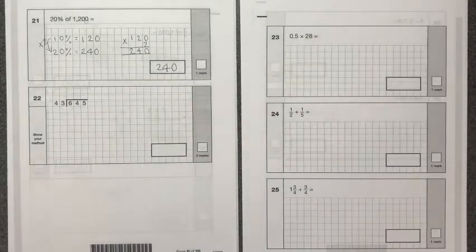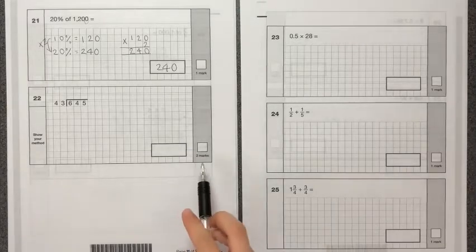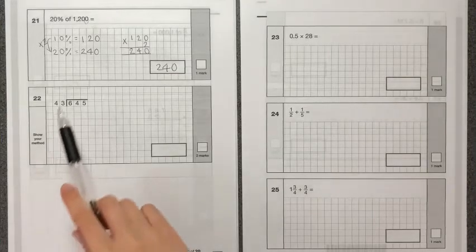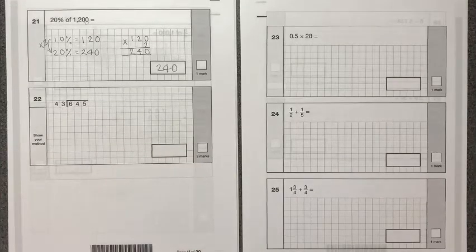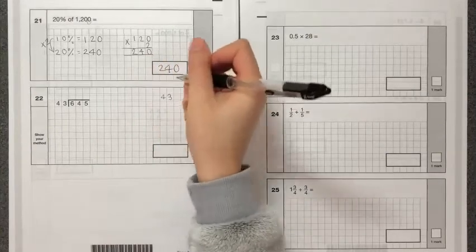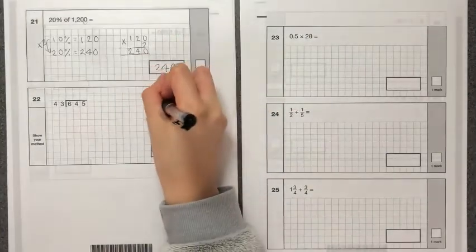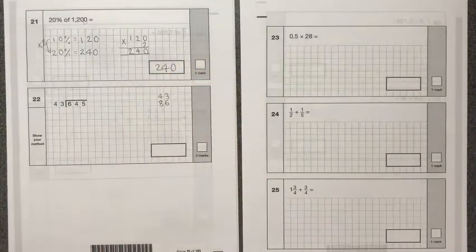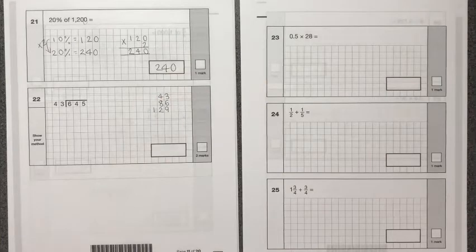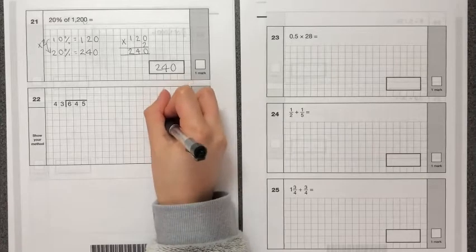Question 22. This is another 2-marker question which we need to show our working out. For questions like this, I tend to write down the multiples of this number, so 43. 43 times by 1 is 43. 43 times by 2 is 86. 43 multiplied by 3 gives us 129. 43 times by 4, that gives us 172.